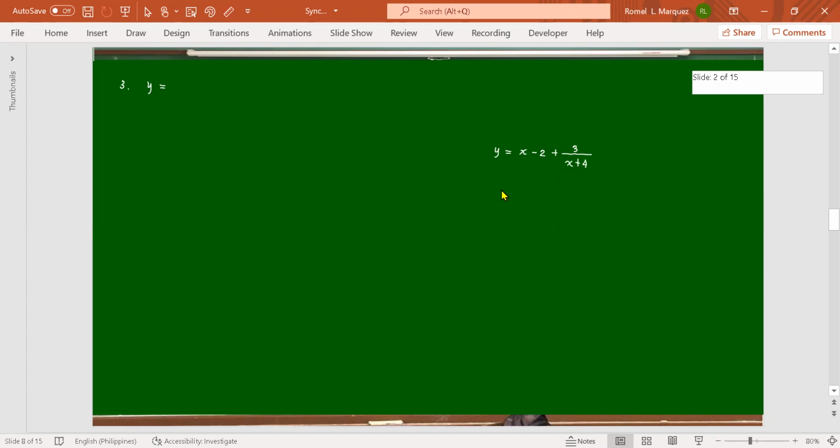Pag kinuha ko yung LCD niyan, x plus 4, right? And then here, x squared minus 2x plus 4x, so plus 2x, and then minus 8 plus 3.